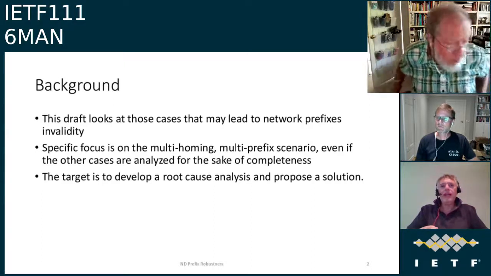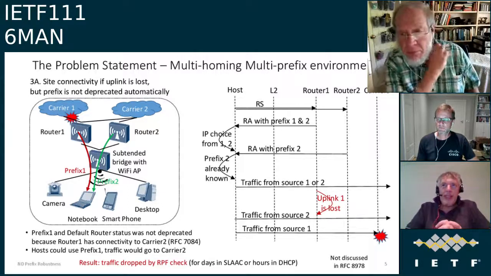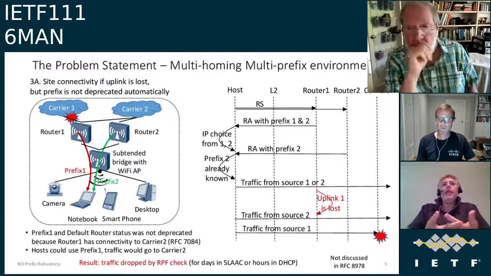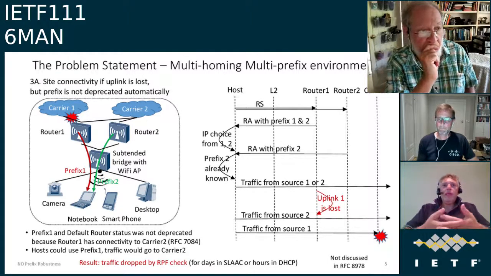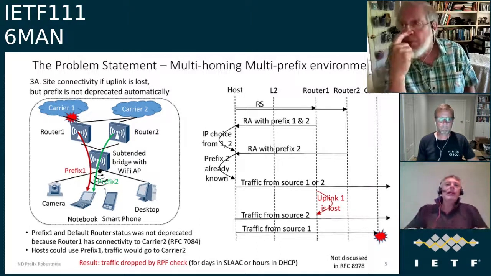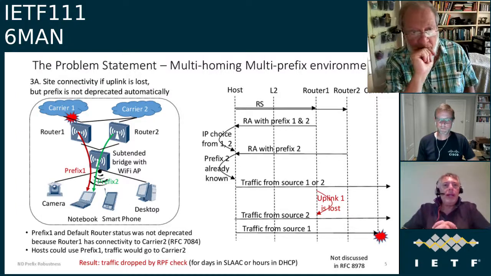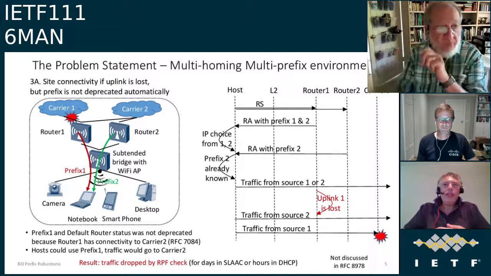So basically, what we are trying to achieve is to solve a case such as the one represented in the slide here. We have, for example, a home or an office network with a couple of routers connected to two or even more, possibly, upstream providers, and suddenly one of the routers fails or has a connectivity issue.